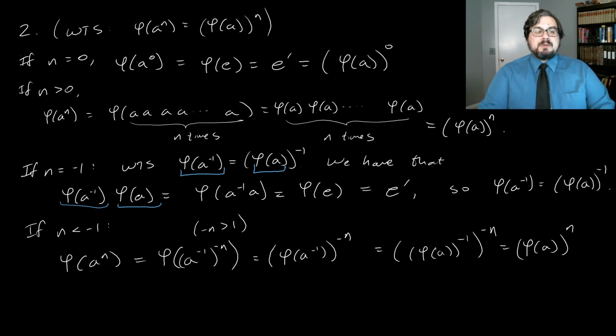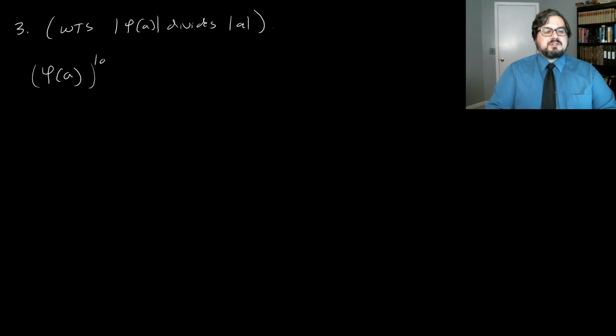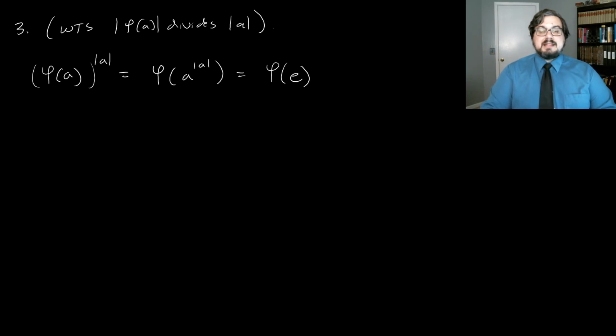All right, part 3 follows pretty much immediately from part 2. So part 3, we want to show that the order of phi of A divides the order of A. So we have that phi of A raised to the order of A, by part 2, is phi of A raised to the order of A. By definition, A raised to the order of A is the identity, and by part 1, phi of the identity is the identity.